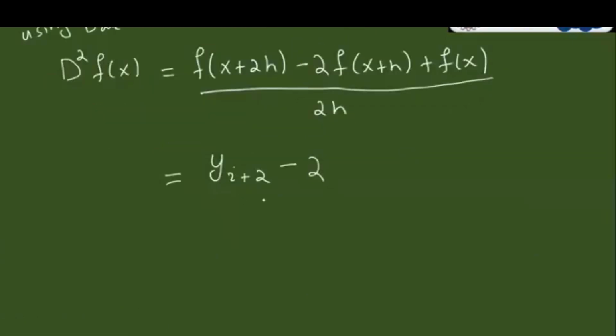So instead I can write 2 times yi plus 1. Again, this is a subscript, and this is multiplying that quantity. Similarly, I do not need to go back, you all understand this quantity would be yi, because we are dealing with reference to the x values. And this whole quantity is divided by 2h.